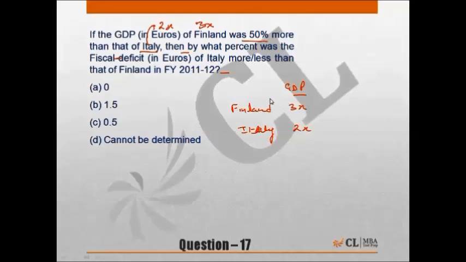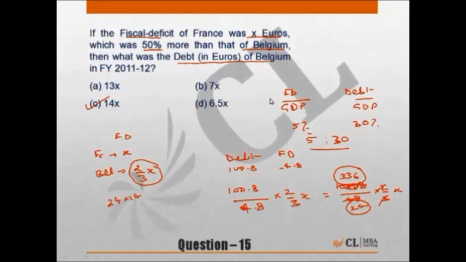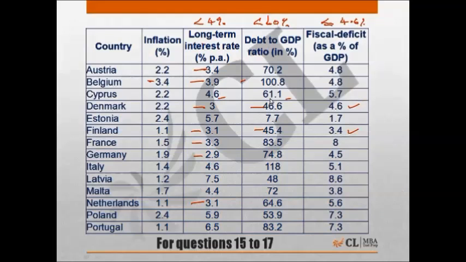Now what is the fiscal deficit of these two countries? Let's check out the data. The fiscal deficit is 3.4% of GDP for Finland, and for Italy it is 5.1%.